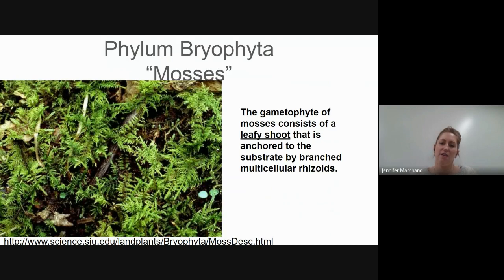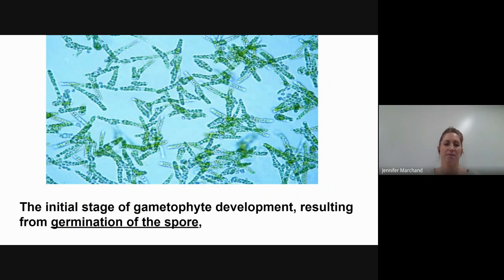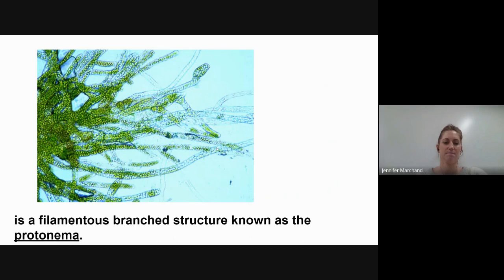They consist of a leafy shoot that is anchored by a substrate of branches called the multicellular rhizoids. Okay. They also can create this leafy arrangement, which is normally spiraled. In the initial stage of the development of these gametophytes, it's this spore generation for these mosses.